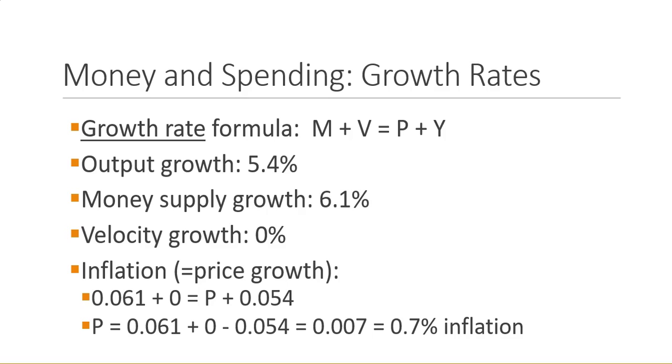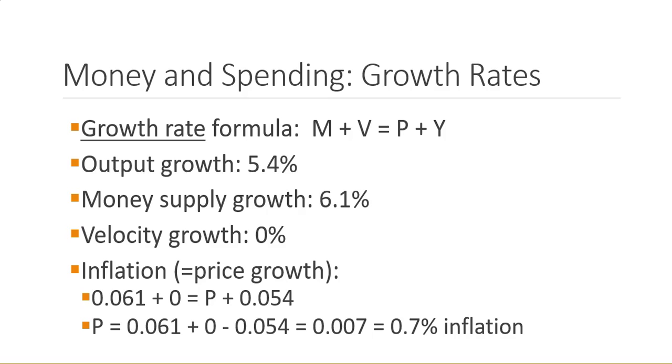So let's calculate inflation. Inflation is represented by the variable P, which is our price growth. So using our formula, M plus V, 0.061 plus 0 equals P plus Y. P is the unknown, P plus 0.054.